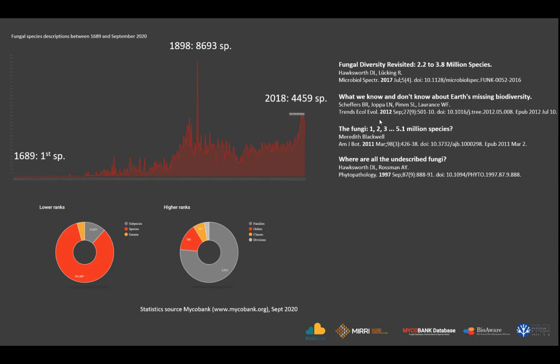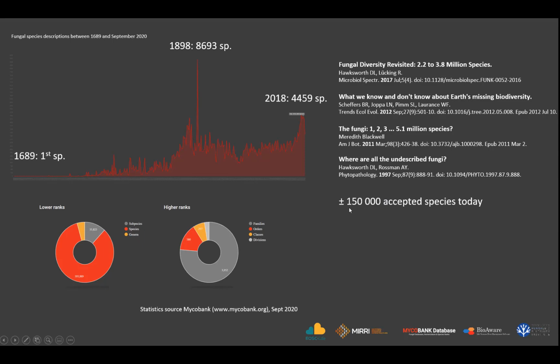But roughly the estimations go from 1.5 million species of fungi up to 10 million. That's difficult to say and very much speculative, but it's interesting.